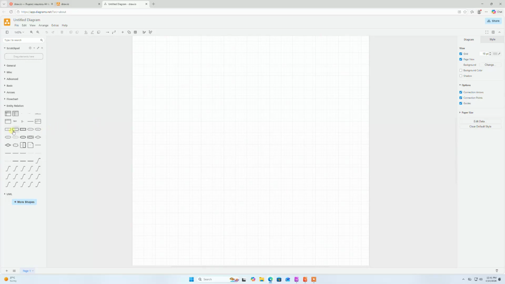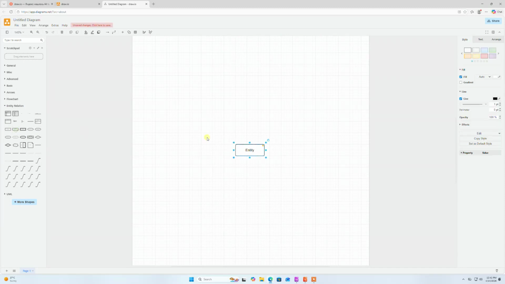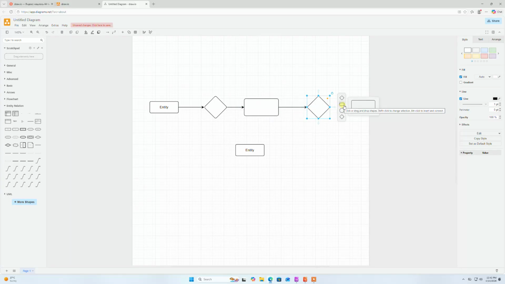I will take this entity, and in Chen notation we use the relationship with this diamond, and then I add different entities, and this is the relationship and this is the entity.